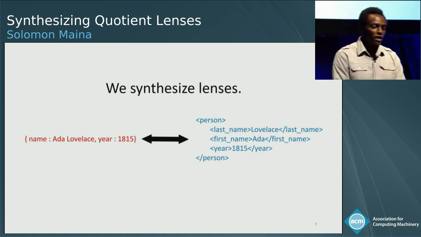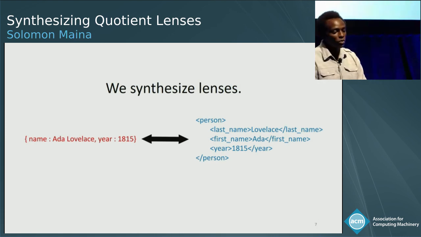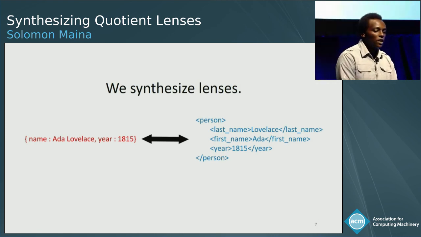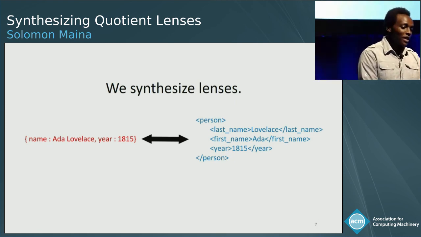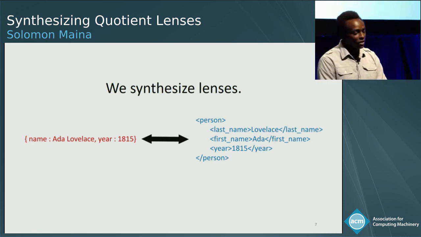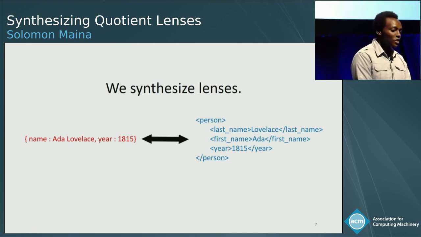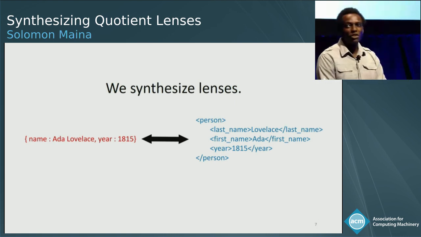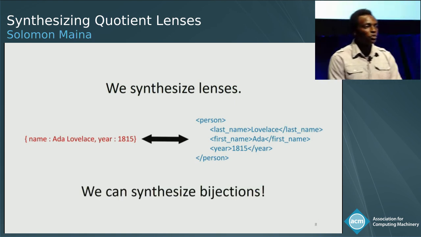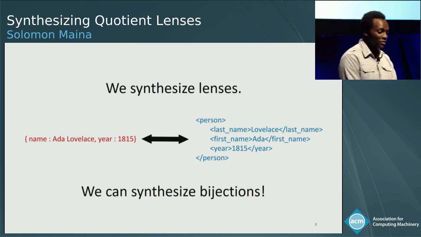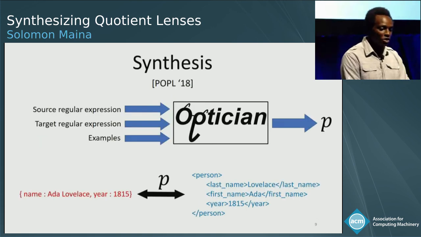On the XML side, we have last name followed by first name followed by year. As of before ICFP, we could synthesize this transformation. And more generally, we can synthesize a class of bijections between regular languages.